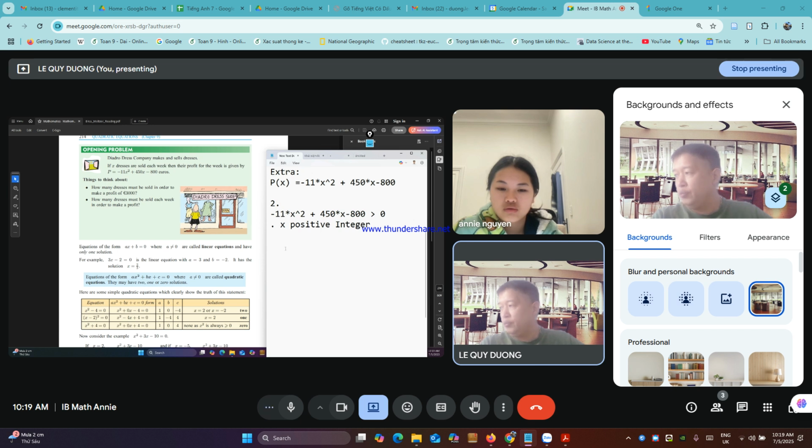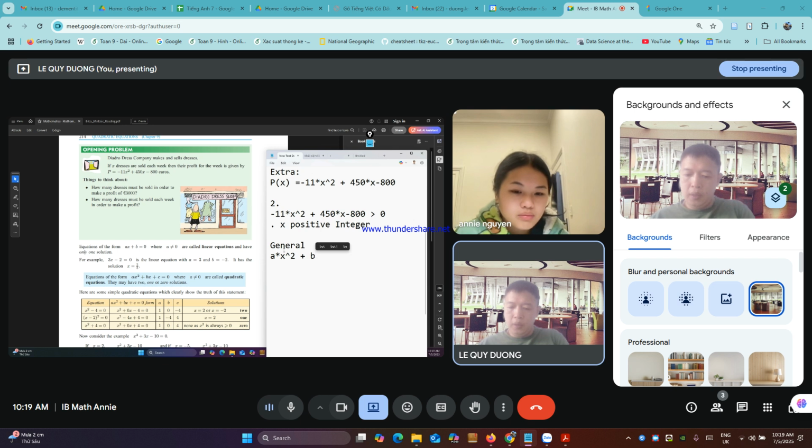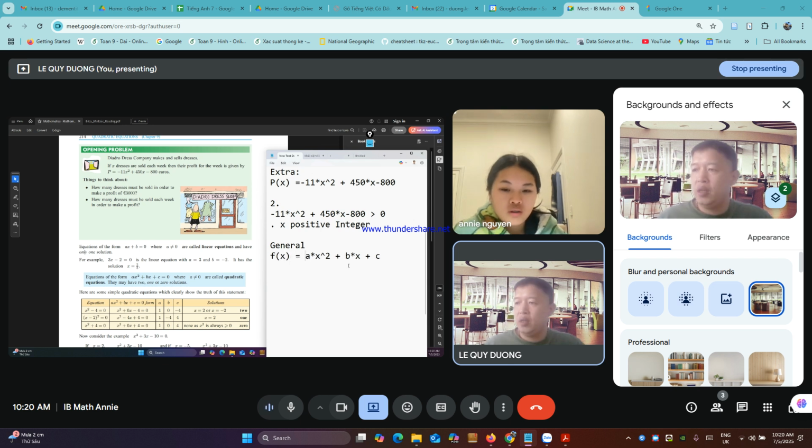So in general form, as you can see from the green space, ax squared plus bx plus c, right? We have a function f(x) equal to ax squared plus bx plus c.